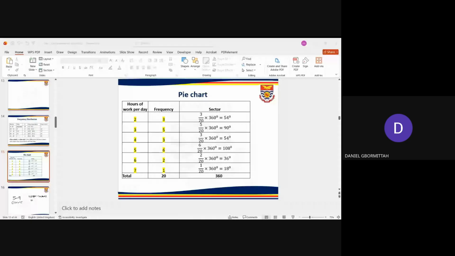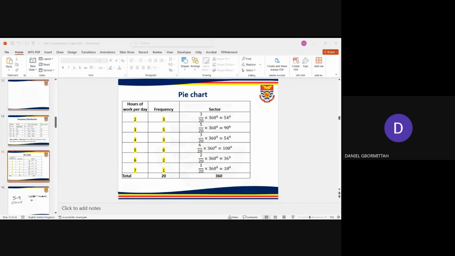But if you look at the number of categories we have here, they are not many. Assuming the number of hours here were about 40, representing with a pie chart would not be feasible.